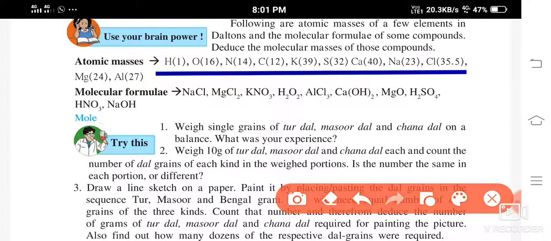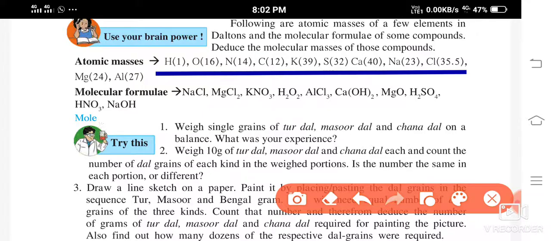Now sodium chloride, one or two, I will show it to you so that you will be able to find the molecular mass of other compounds.